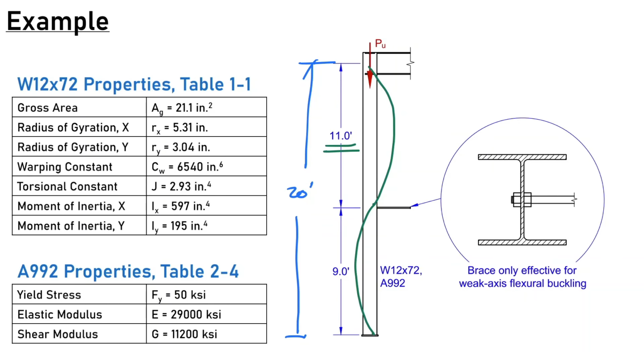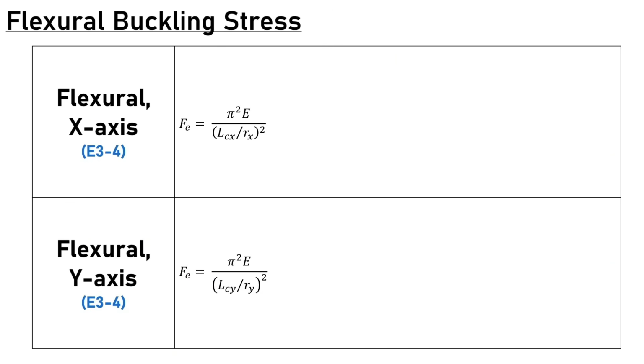Let's start this problem by checking the flexural buckling limit states, which means we need to calculate Euler buckling stress Fe in both the strong axis and in the weak axis. So if we start off with the strong axis here, that's traditionally called the x-axis, we're going to have pi squared multiplied by 29,000 ksi divided by my unbraced length in the strong axis.